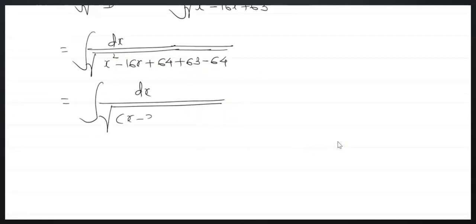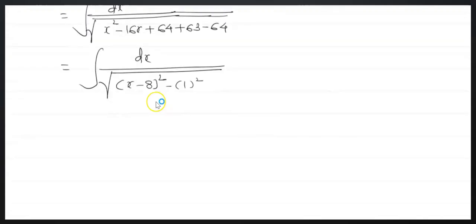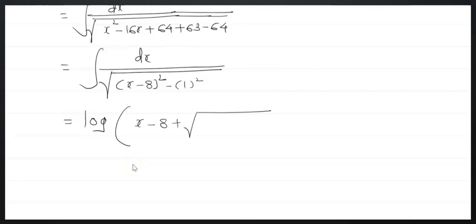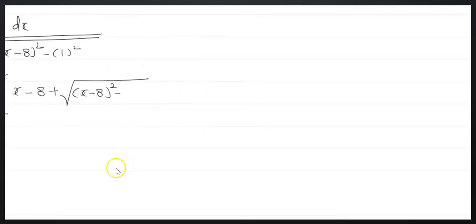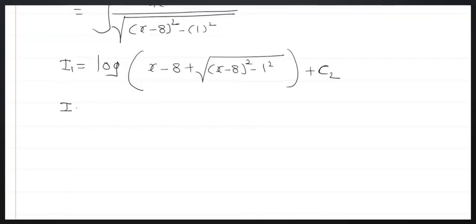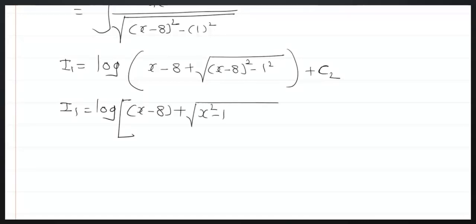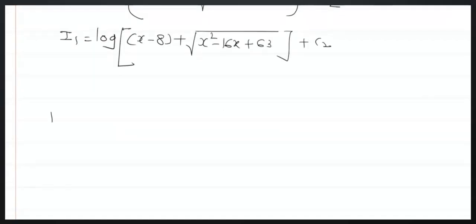That is (x minus 8) bracket square minus 1 square, and this is the log form of root of x square minus a square, that is log of x minus 8 plus root of (x minus 8) square minus 1. This is I1, that is log of (x minus 8 plus root of x square minus 16x plus 63) plus c2.